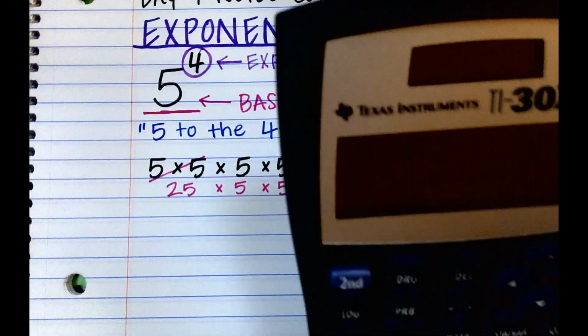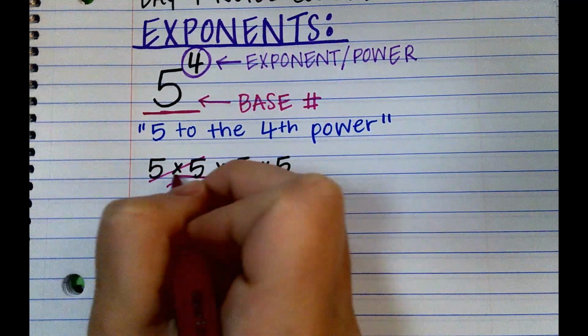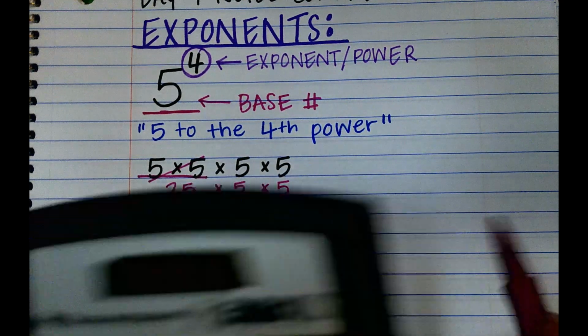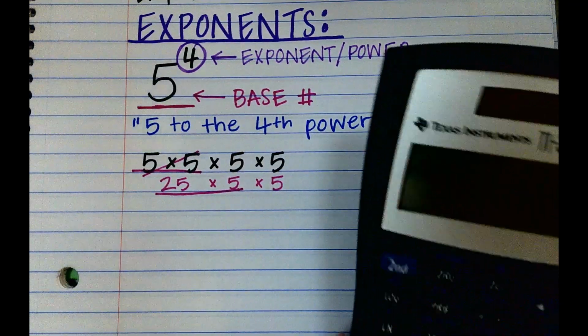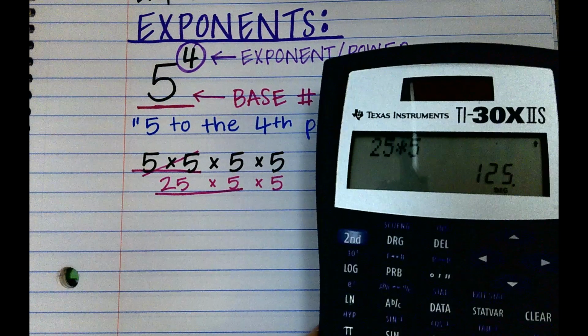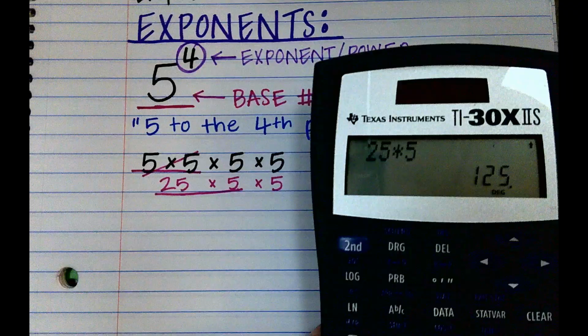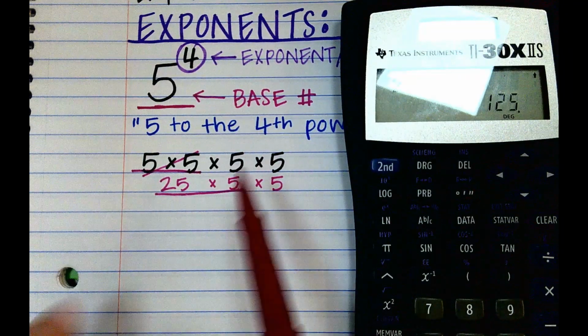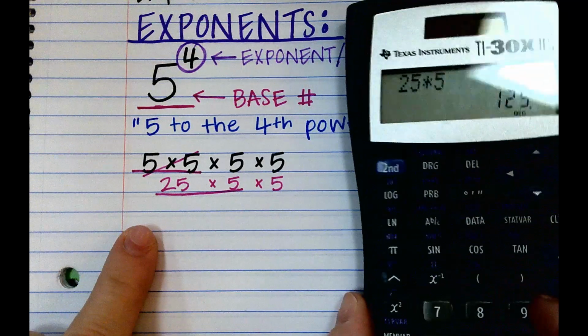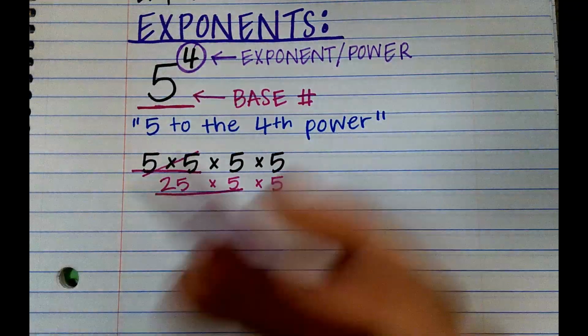That helps you keep track. Now we're doing 25 times 5, and I got 125.